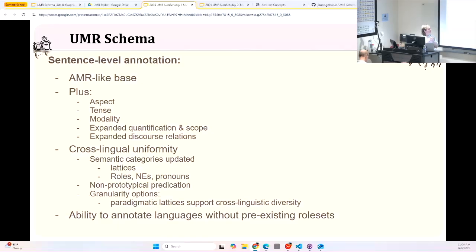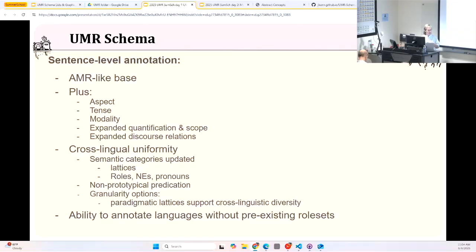We had Bill Croft and his team at University of New Mexico who did a lot of the schema design work. It's been great to have a typologist. We also have field linguists who specialize in a bunch of non-Western languages who've been helping, trying to make this schema more cross-linguistically applicable and sensitive.